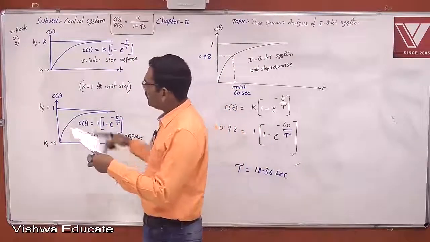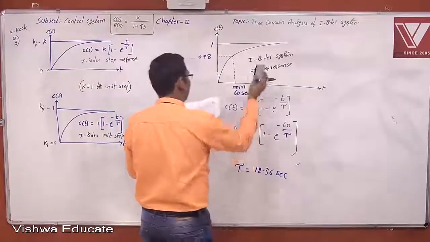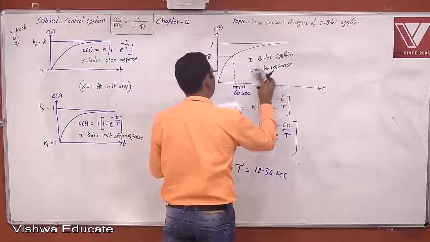But now see question number 5. Again a thermometer, again a first order system is mentioned.